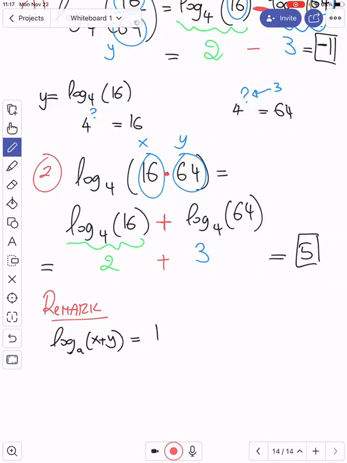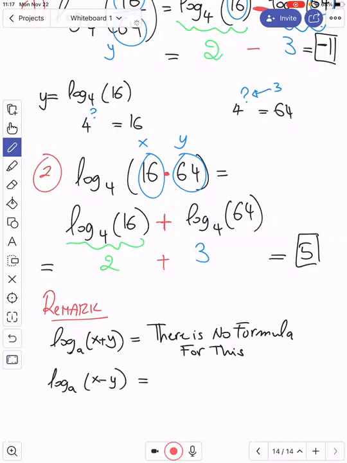There's no formula for this. Or if you have log in base a of x minus y, same thing, no formula. There's no formula for log of x minus y. So you have to find another way to compute your log.